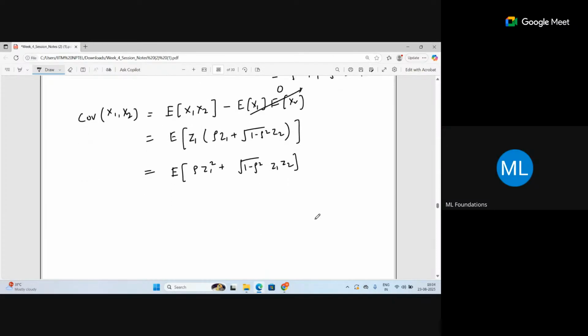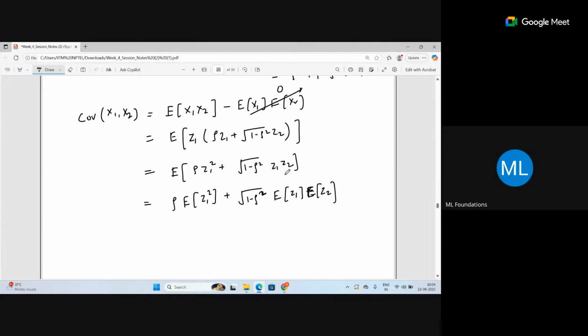Until this part is fine. Now I can take the expectation inside this bracket, and that will look like rho into expectation of z1 square plus root of 1 minus rho square into expectation of z1 into expectation of z2. I can write this because z1 and z2 are independent, correct?